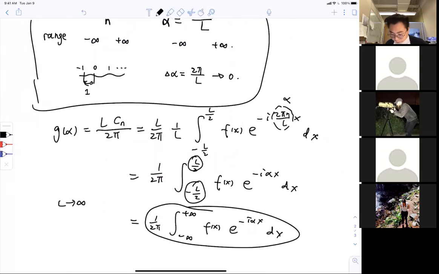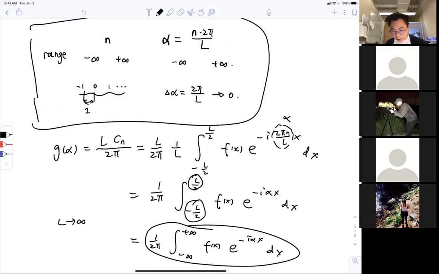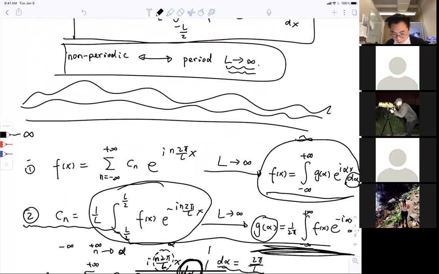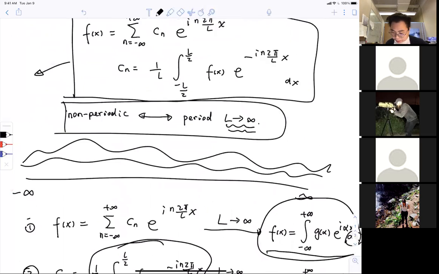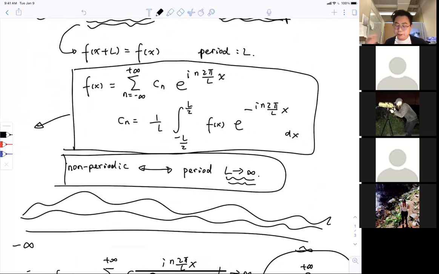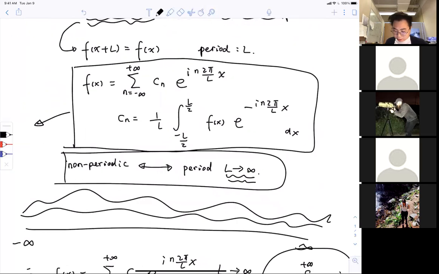I'm sorry, I'm just not sure in what cases we need to do the change of variables that you just went over. Oh yeah, here I just want to illustrate how we get the Fourier transformation from the Fourier series. And to achieve that, we need to do this kind of change of variables.